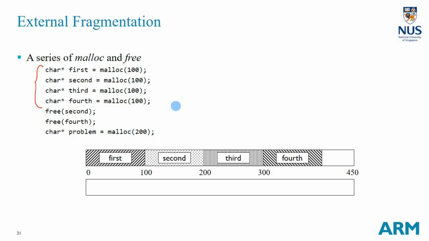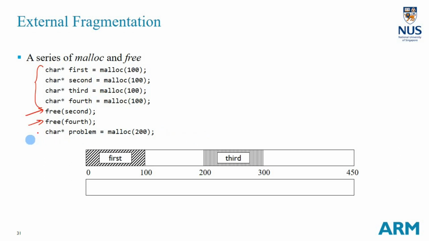And after that, I am freeing up the second and fourth memory chunks. So when I call free second and free fourth, I'm basically freeing up the memory that was allocated in those earlier instructions.